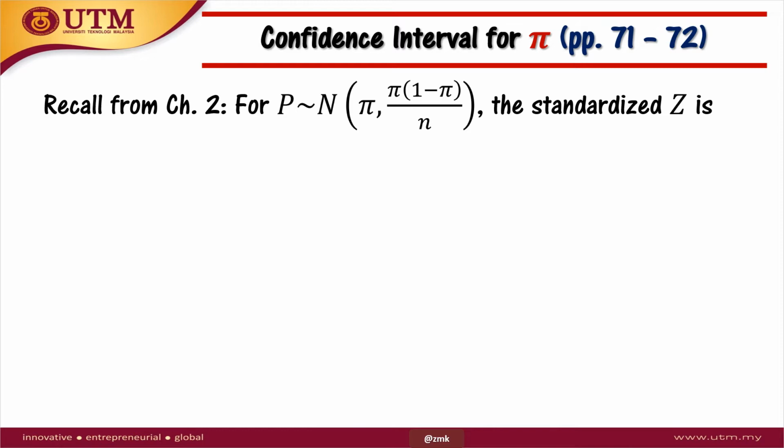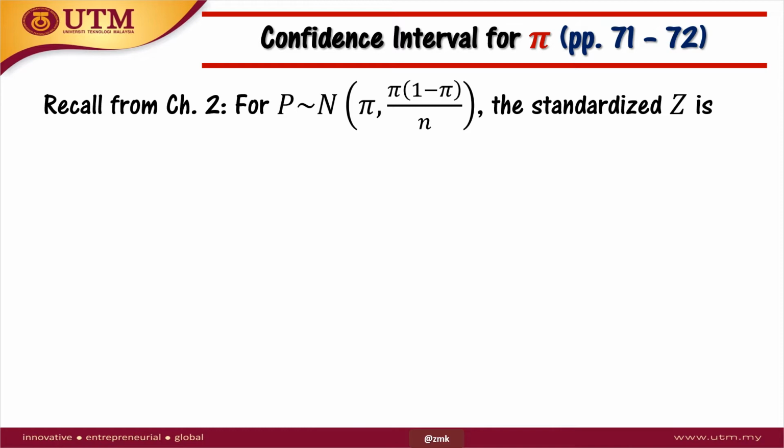We knew from Chapter 2 that when the sample size is large, that is, when the sample size is at least 30, the sampling distribution of p, or the distribution of sampling proportion of success or failure, is approximately normal with mean pi, the population proportion, and the variance pi multiplied by 1 minus pi over n.